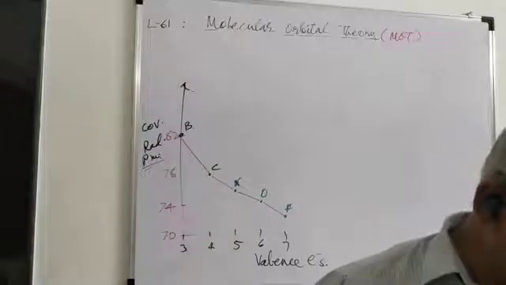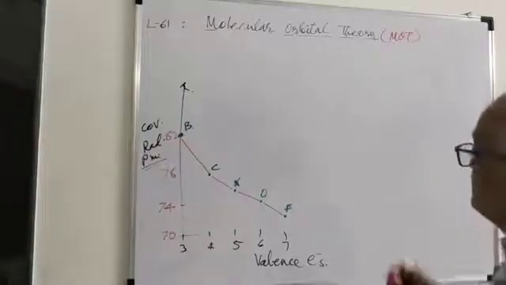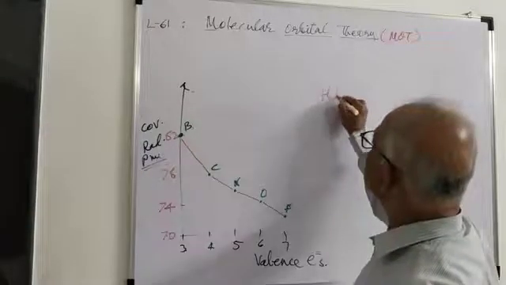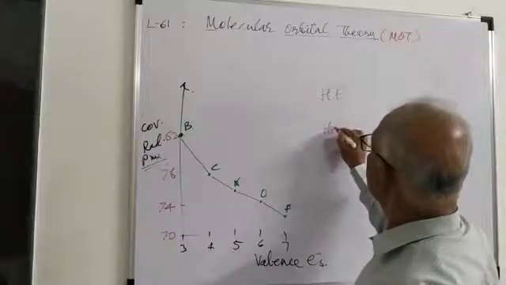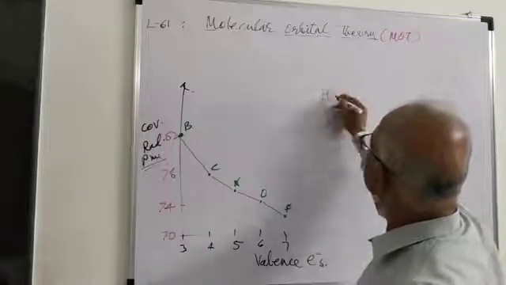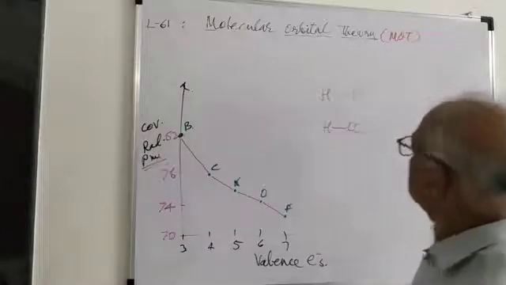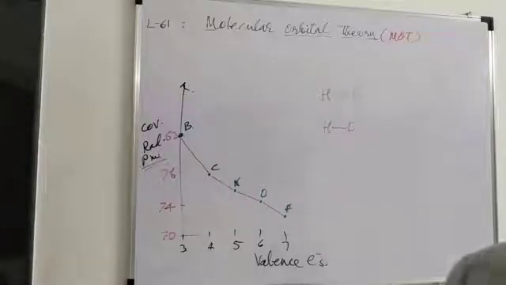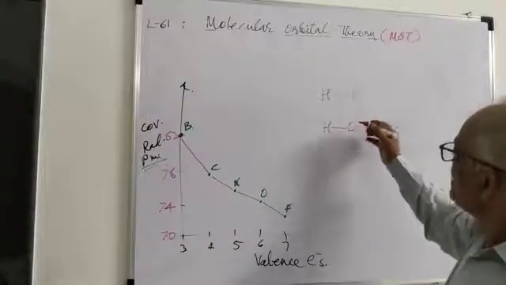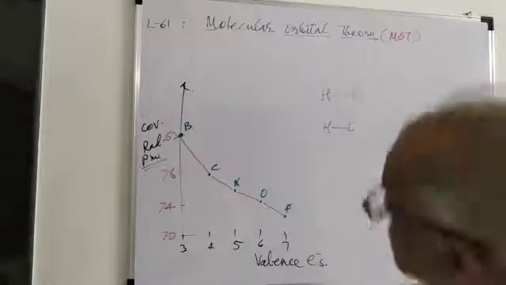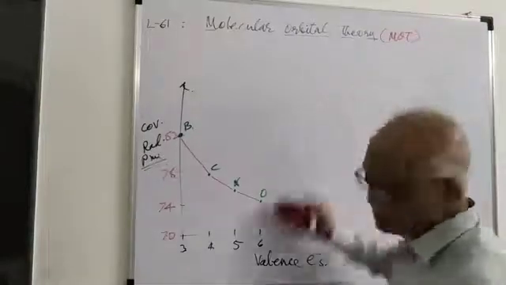So if we consider the HF molecule and the HO molecule, if we see the bond distance, we find that the bond distances we can draw in a linear fashion in this way.